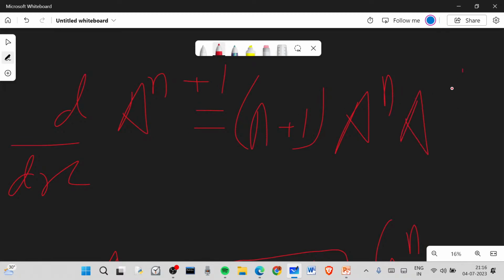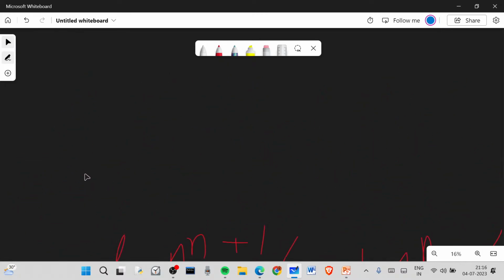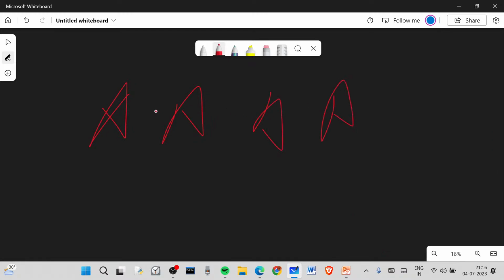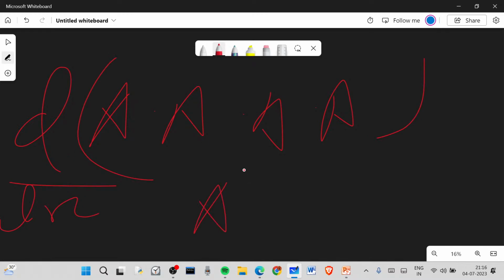Into A dash. Yes, yes, yes. It's true. Why? Because A into A into A into A, all written like that. And if I take the derivative, then using the product rule, it's A to the n minus 1 into A dash into n, because it would be appearing n times.